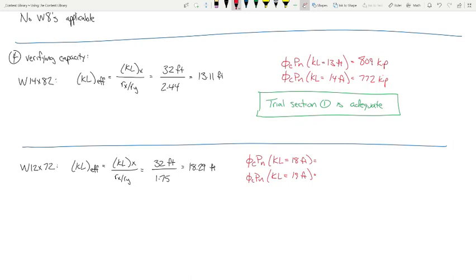What's KLY? Yes, KLY is 16 feet. What's KL effective? 18 feet. So does the weak axis govern for this column or does the strong axis govern? Strong axis, because this is bigger.